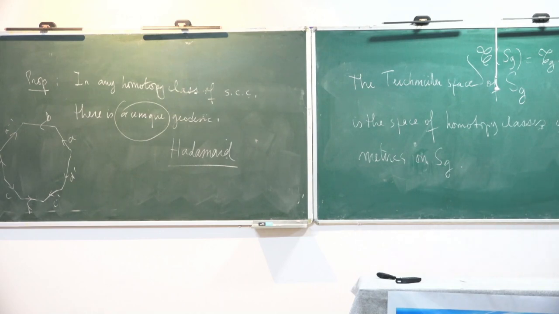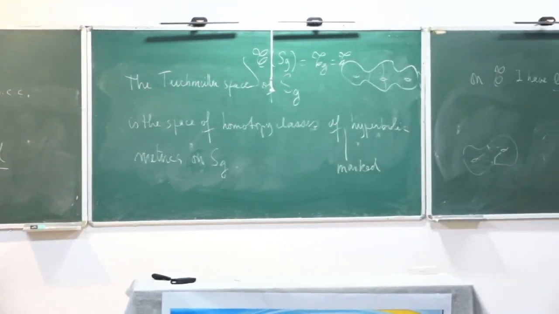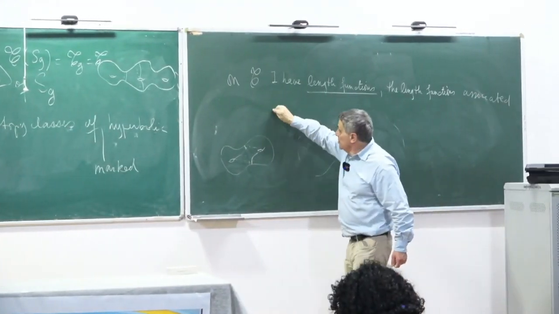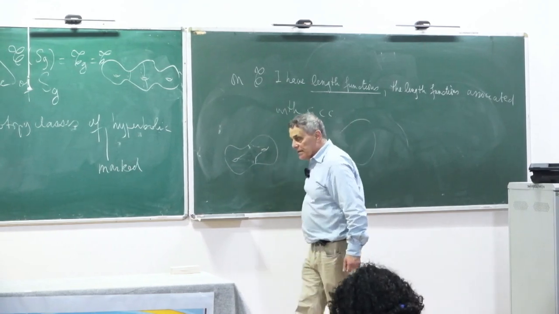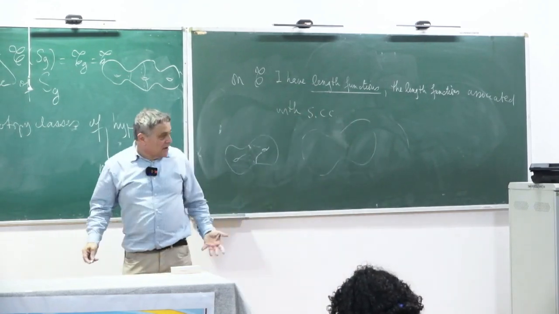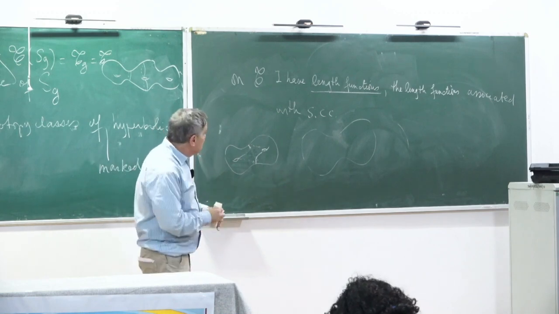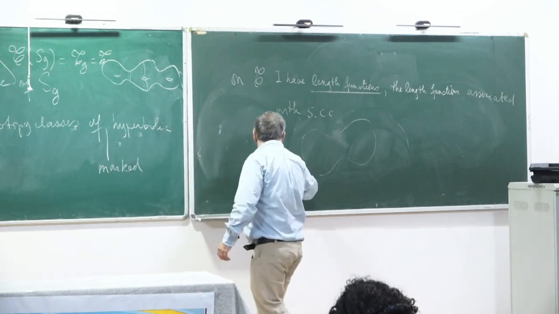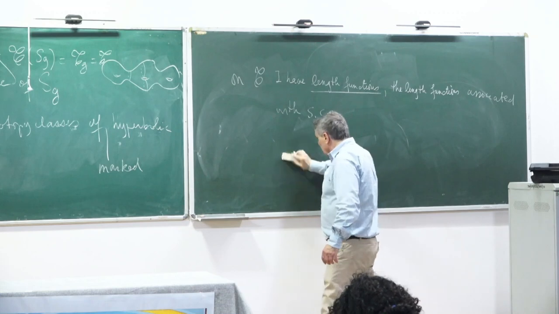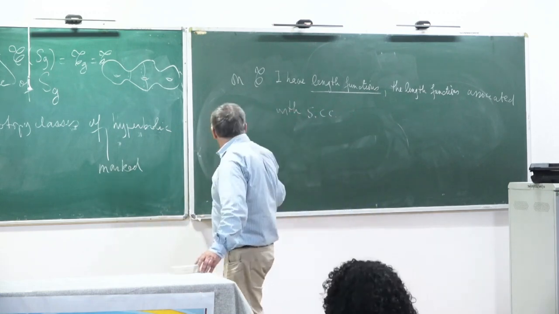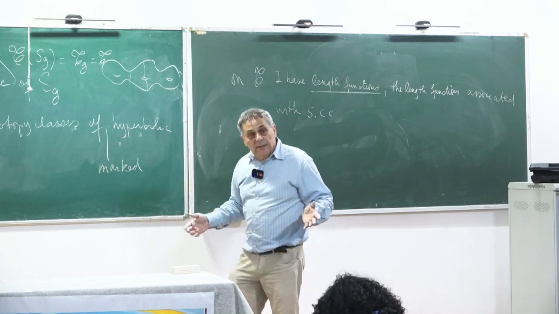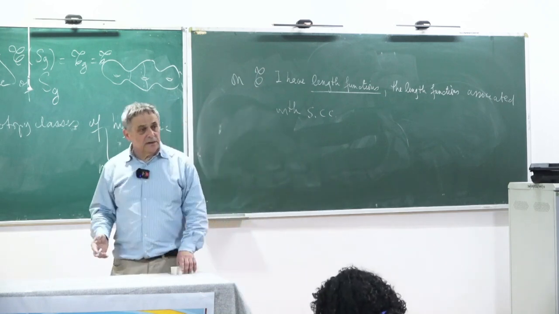So I was saying here that I have length functions. The length functions associated with simple closed curves, and I insisted on the marking. The marking is the thing which distinguishes one simple closed curve from the other. Okay, and then I said that I have infinitely many simple closed curves, right?